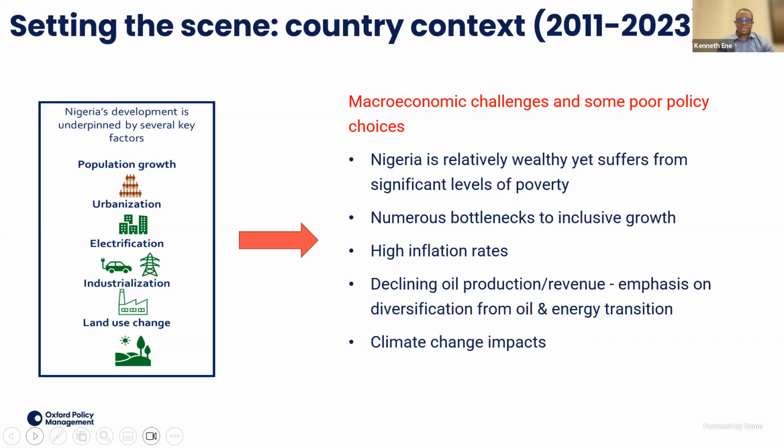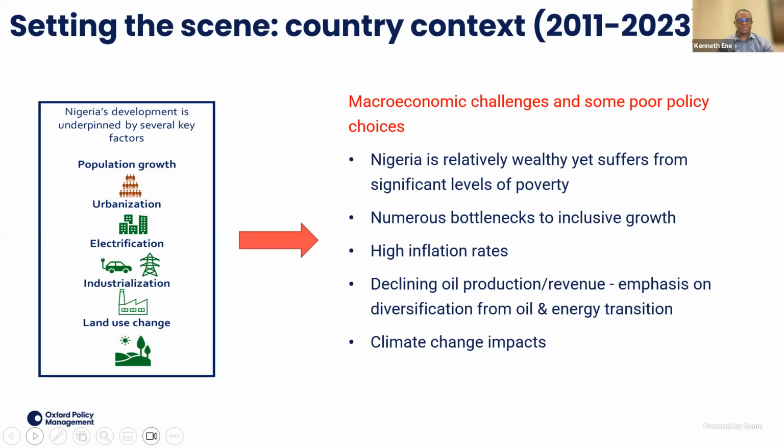So Nigeria is an amazing country, blessed with abundant natural resources. However, like every country in the world, its development is always underpinned by several factors. In the case of Nigeria, one of the critical things is that it has an extremely large population, and that population is also growing.